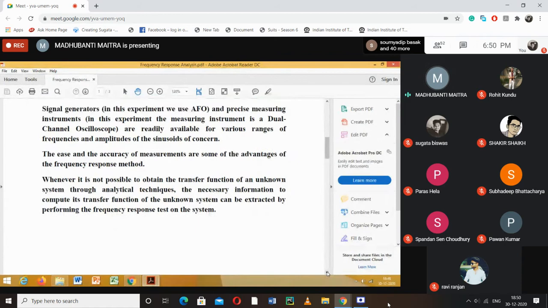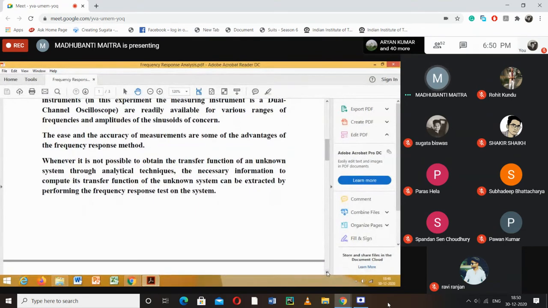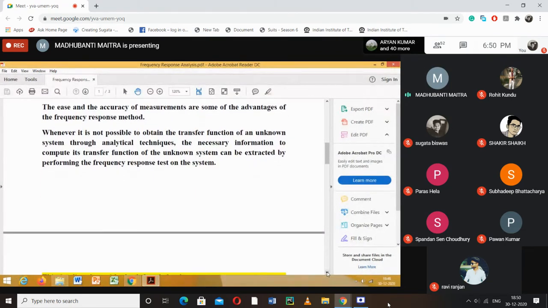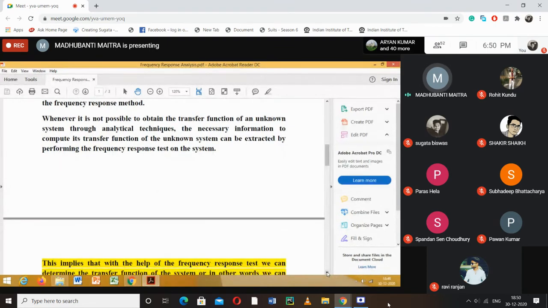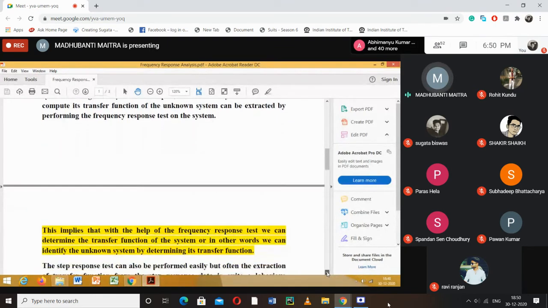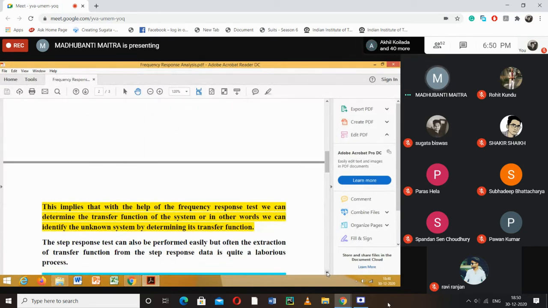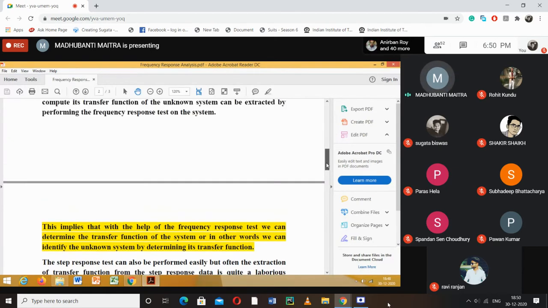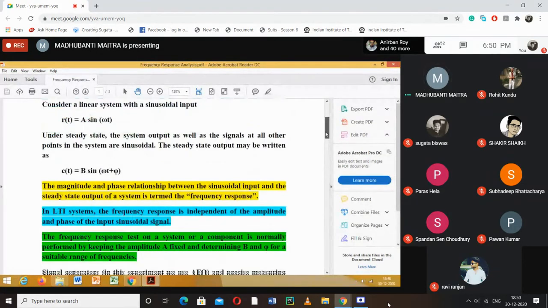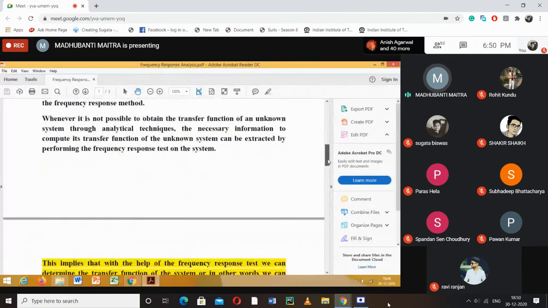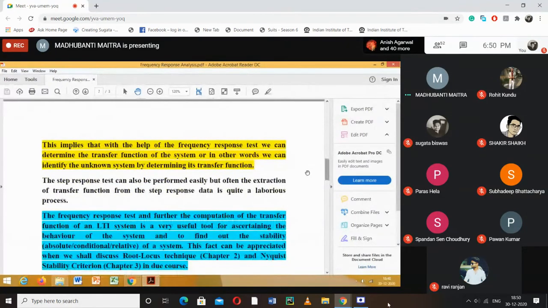Even if the test signal is a step or a ramp, obtaining the transfer function of the system is very tedious and complicated, whereas the frequency response test is a very simple and quite an accurate one. And from the diagram, I'll show the diagram once again.